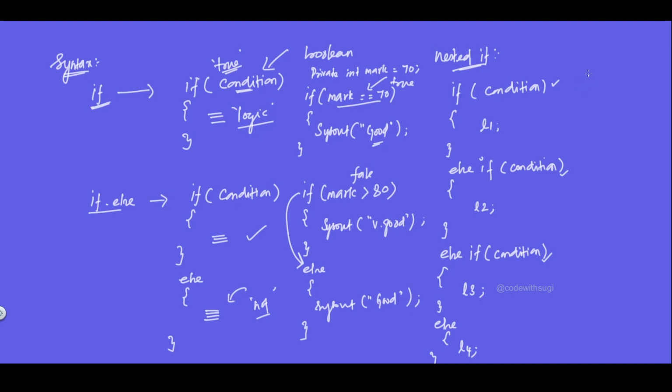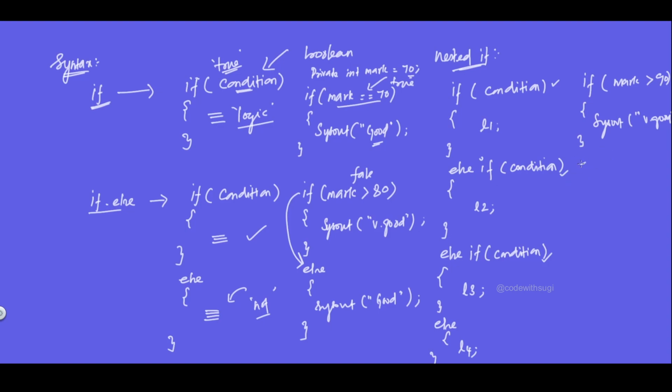Nested if. Again I'm going to take the same mark example here. If mark greater than 90, then I'm going to say sysout very good. We will have so many conditions. So if the student has less than 50, then we will say fail.